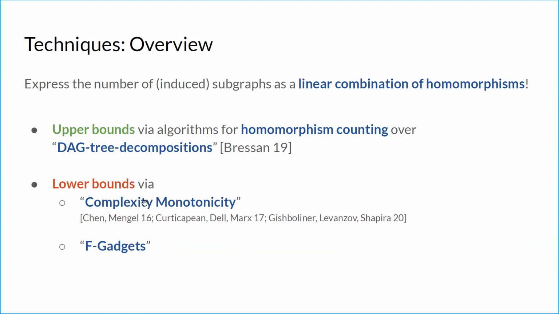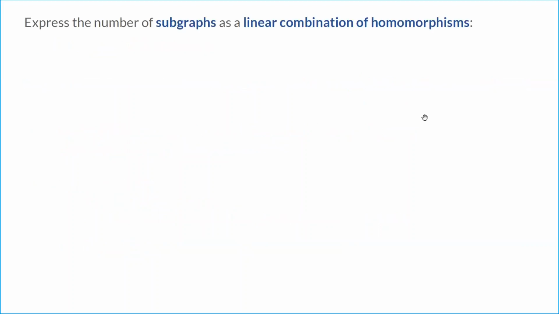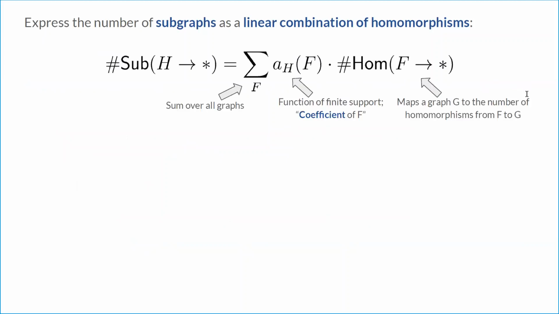Now, complexity monotonicity is a general framework that allows you to analyze the complexity of problems that can be written as such a linear combination. And I want to present a bit more detail about those ideas. So I will use subgraphs as an example, but you can do the same for induced subgraphs. So as promised, we express the number of subgraphs isomorphic to H as a finite linear combination of homomorphism counts.